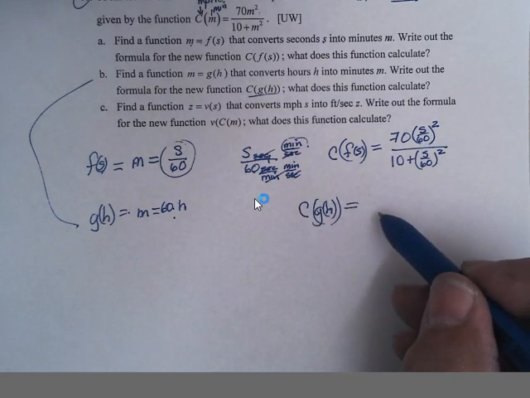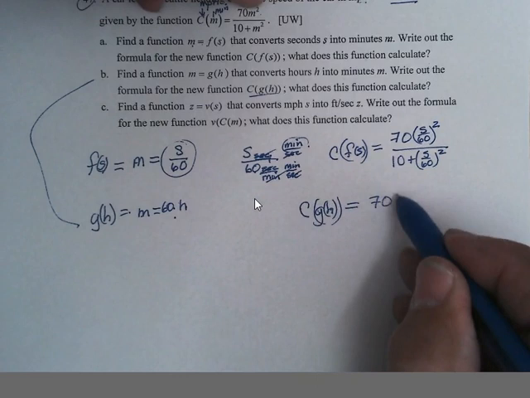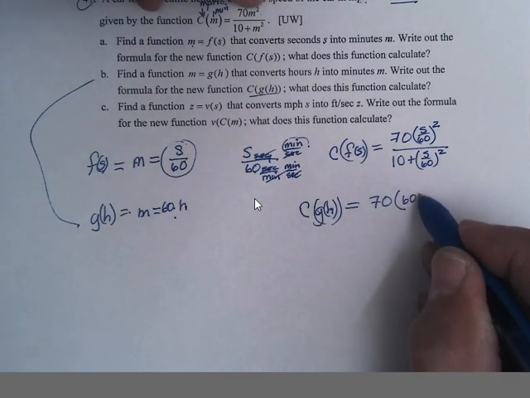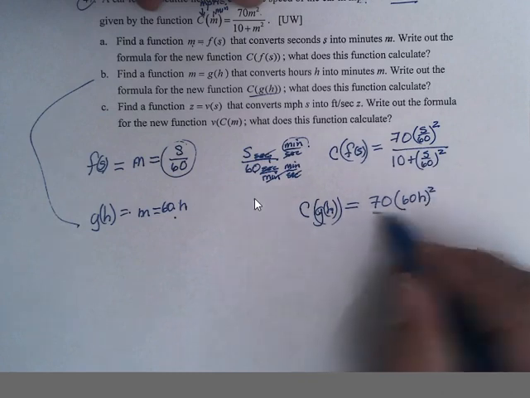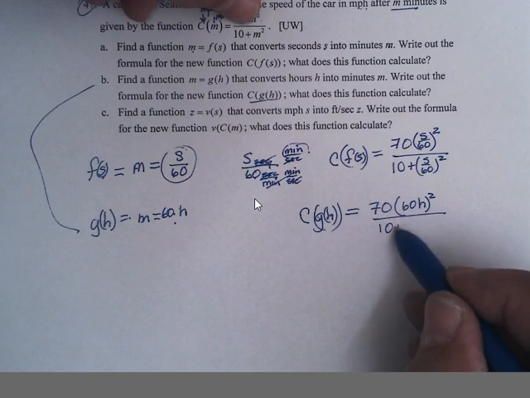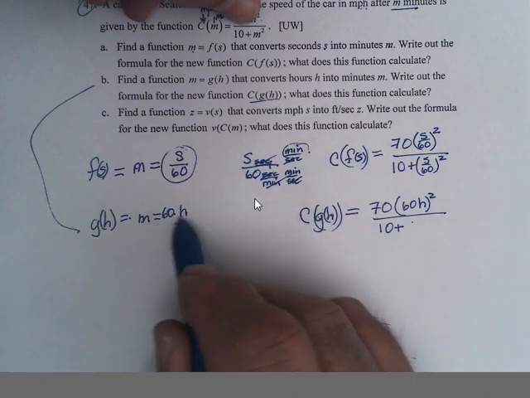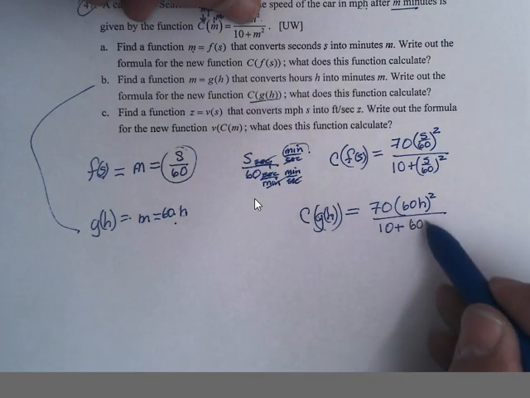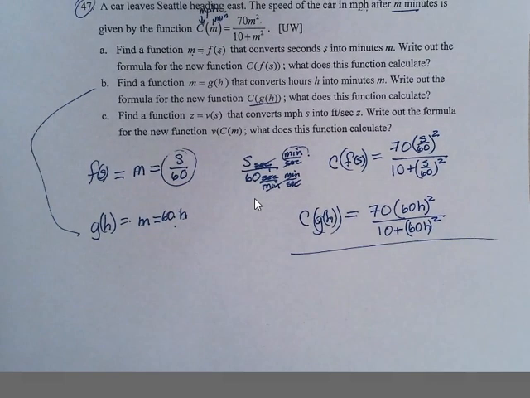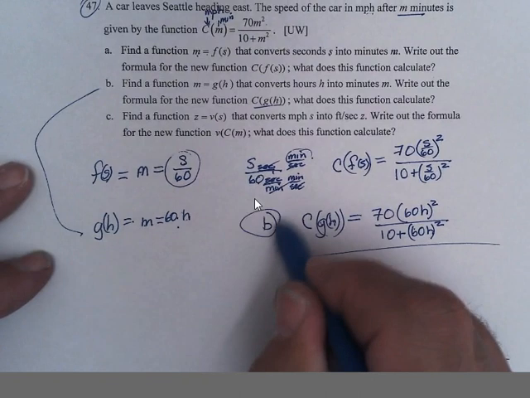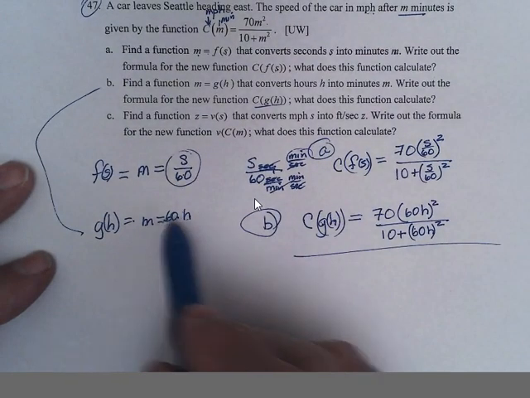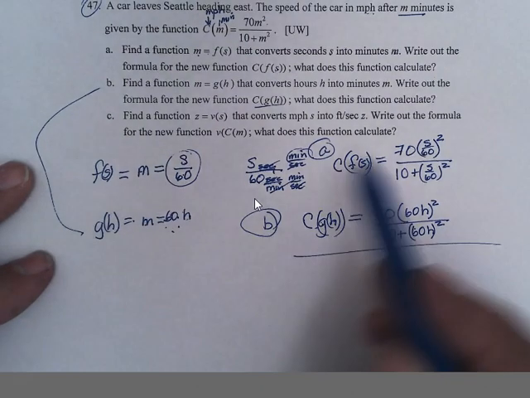So we have to do 70, the minutes is 60H squared over 10 plus minutes, which is what 60H gives us. 60H gives us minutes squared. So there's the answer to B. And this is A. First part for B, first part, second part.